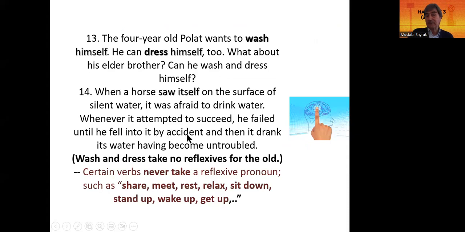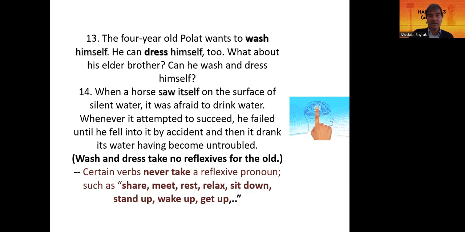Whenever it attempted to drink, it failed until it fell into the water by accident, and then it drank its water, having become untroubled. Okay.